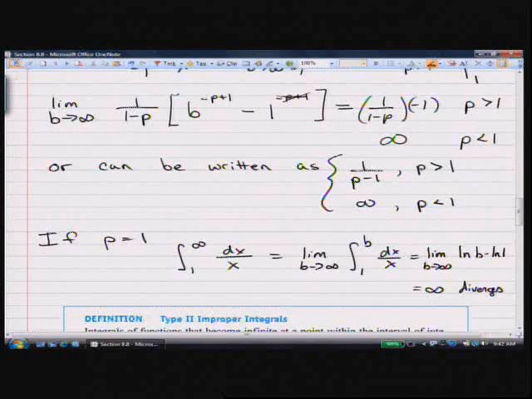Okay? And then this also means that it diverges when p is less than 1. Okay.